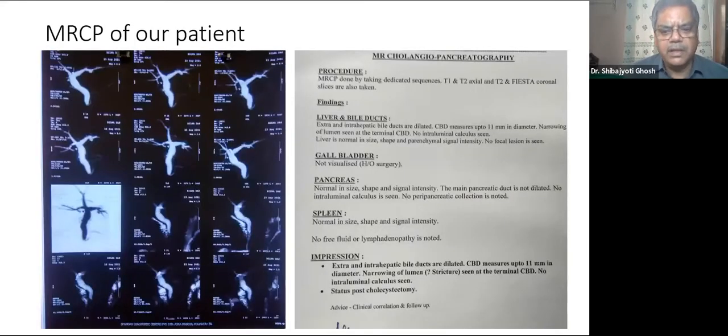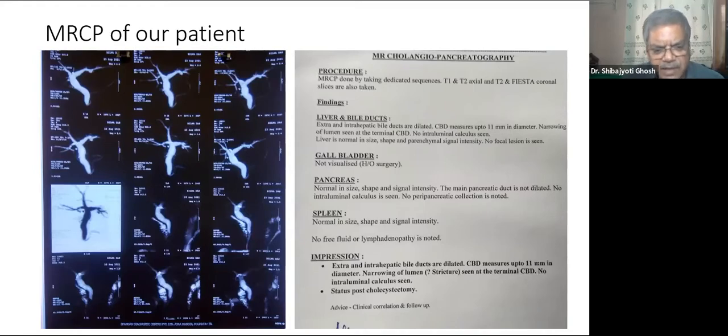If I go to my second slide, we had shown you one ultrasonography report, a follow-up case of carcinoma of the ovary, and on follow-up ultrasonography of the abdomen, it showed nothing other than the dilated common bile duct.